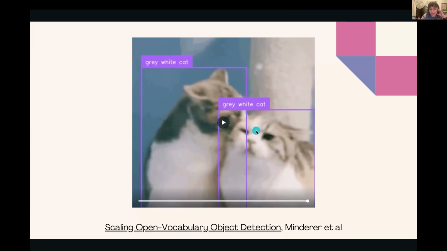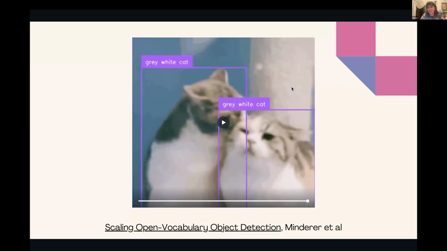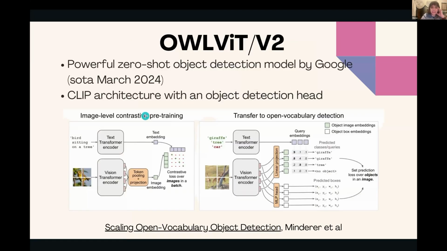In here, there is a video, but that is essentially how open-ended zero-shot object detection works. This is very similar to the CLIP architecture, but you are trying to have this contrastive training of matching the texts to the best bounding boxes. It is just trained like CLIP or SigLIP.